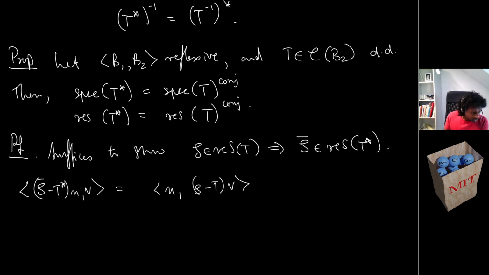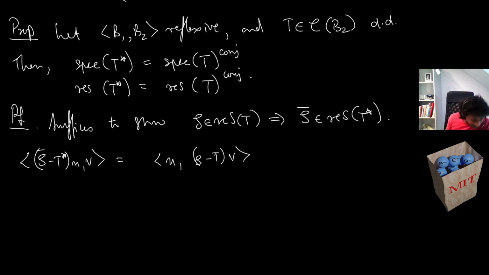Okay. So what does this tell us? This tells us that zeta minus T adjoint is precisely equal to this.